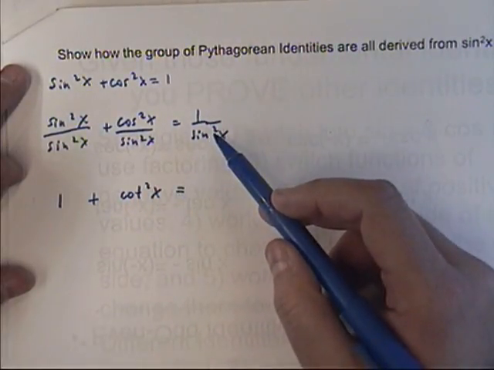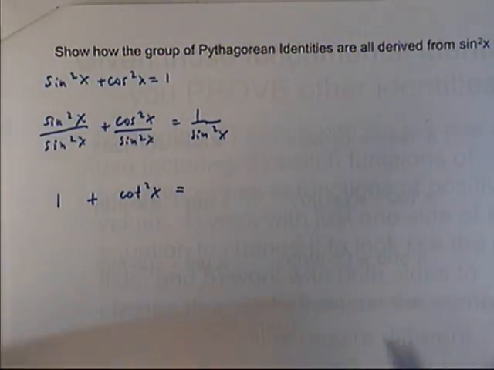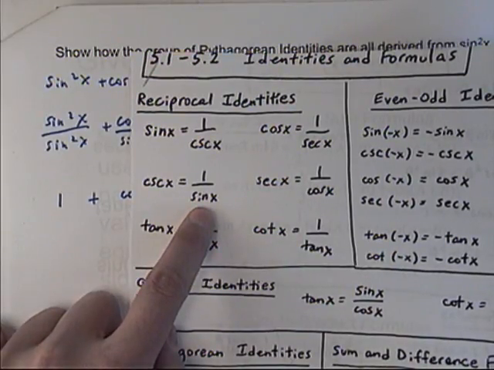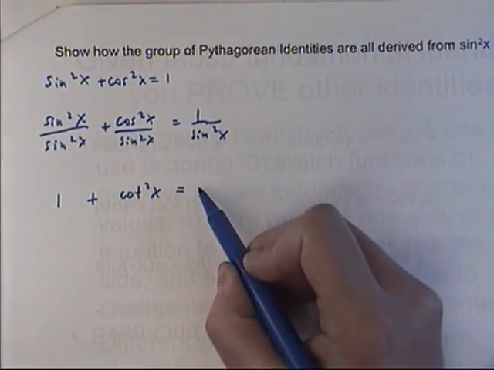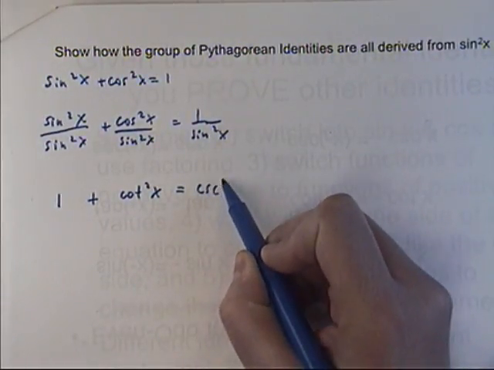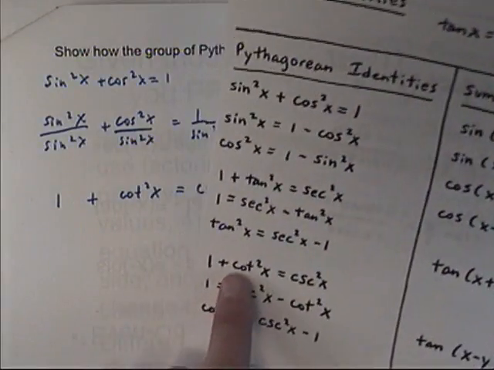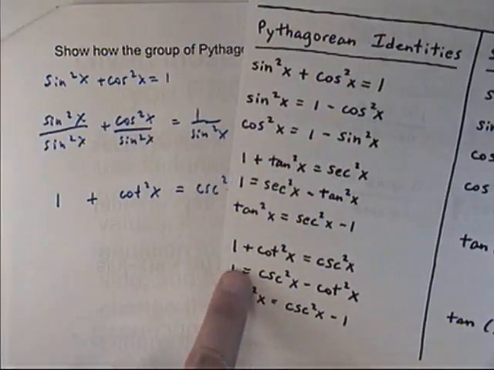And then 1 over sine squared is cosecant. So if 1 over sine is cosecant, then 1 over sine squared would be cosecant squared. So you can see that what I've just come up with is this identity from here. So I started with this identity and I ended up with this one.